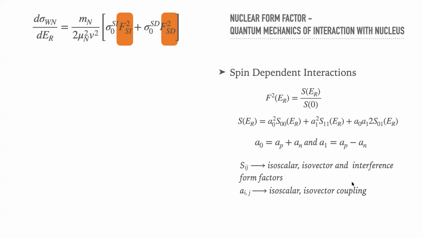And these A's are the isoscalar, isovector, and interference couplings that you have here. So A0 is equal to A for the proton plus A for the neutron, and A1 is A for the proton minus A for the neutron.